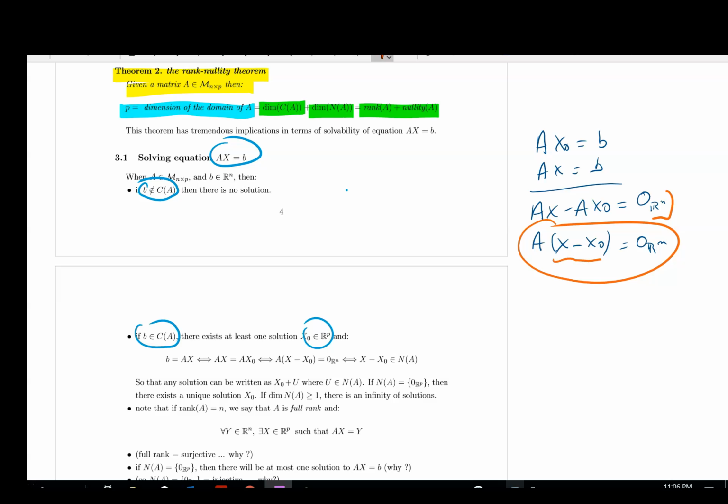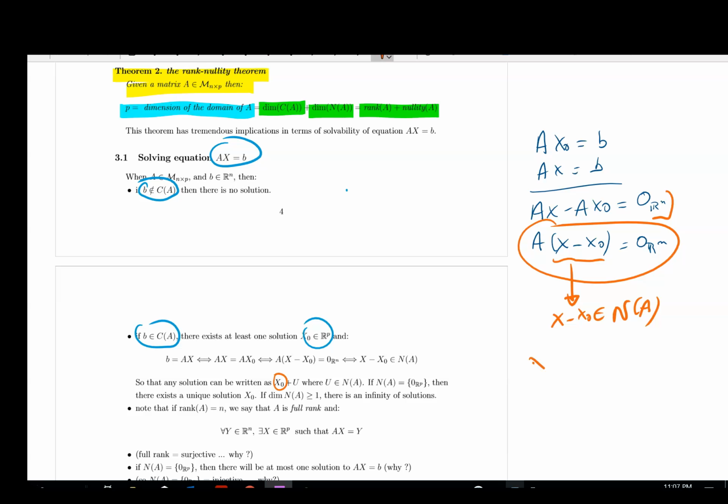We know that this means that x minus x0 belongs to the null space of A. So if the null space of A is more than just the zero element, then you can have plenty of solutions. Take one specific solution x0 and add anything that comes from the null space. Then that's still a solution, right?